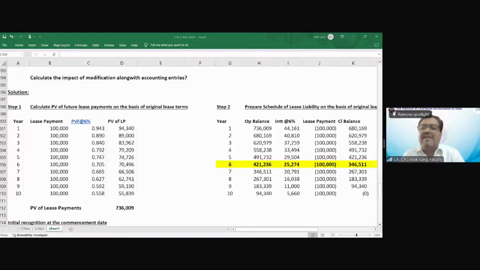So in the next two classes, we will cover these 3-4 concepts: largely lessor accounting, sublease and sale and leaseback transaction, in addition to more on lease modification and the separation of lease and non-lease components.